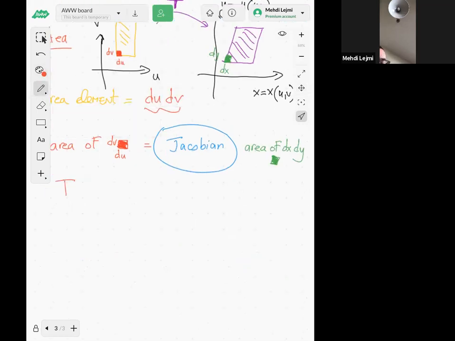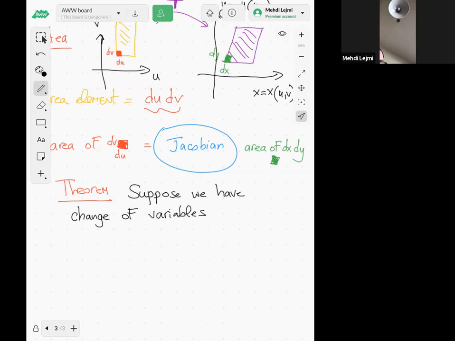If you have a double integral and you do a change of variables, suppose we have a change of variables T of (u,v) equal to, first component x, some function of u and v, second component y, some function of u and v.